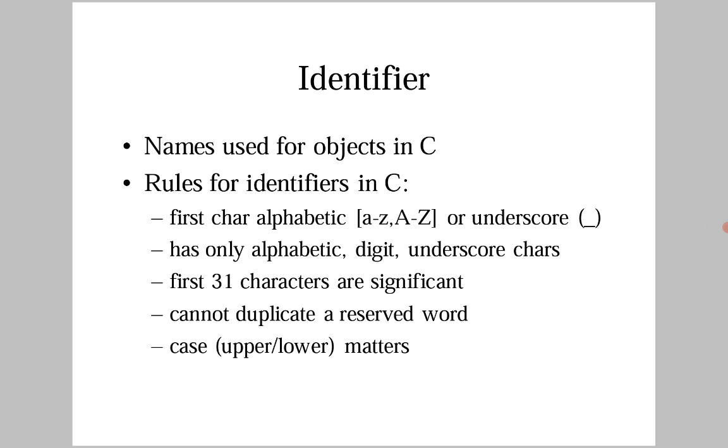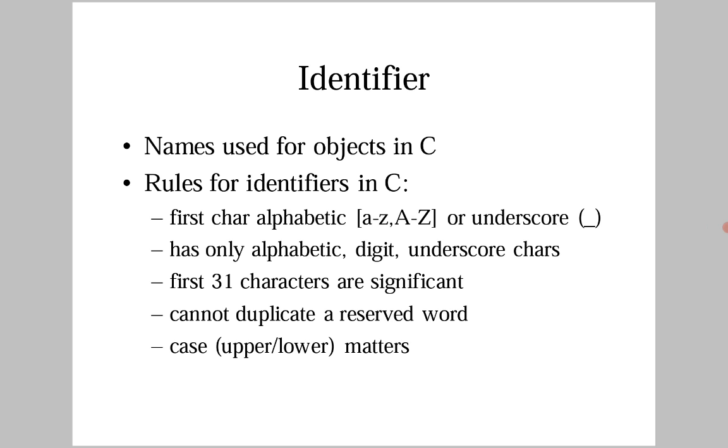Each identifier has some name. What are the rules and regulations for forming identifiers or variables in the C language?